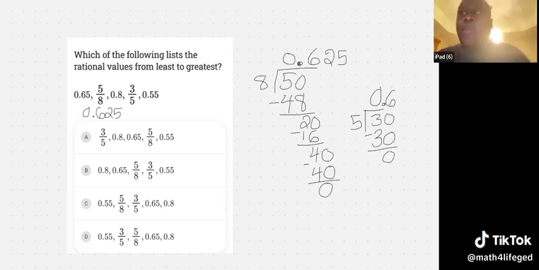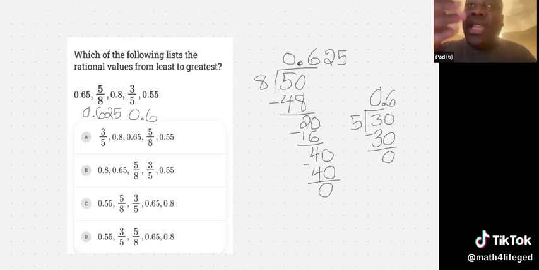Okay. So now we can compare the decimals from least to greatest. Notice that two of them have 2 decimals and one has 3 decimals, which is 5 over 8. So to make sure they all have the same amount of decimals, we can just add zeros in the back of the other decimals to make sure they all have three decimals, right? Like 0.65, we can write it as 0.650.